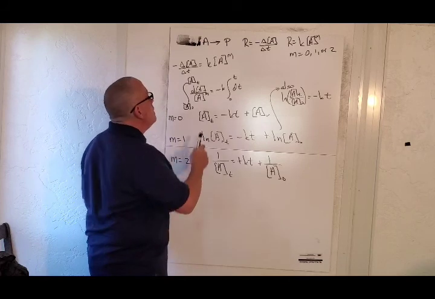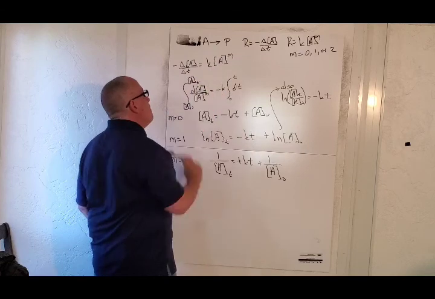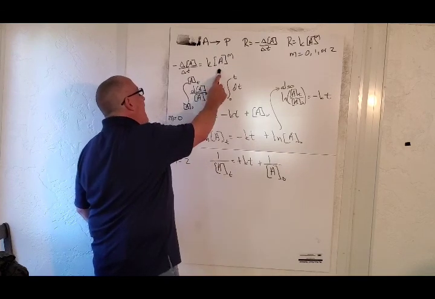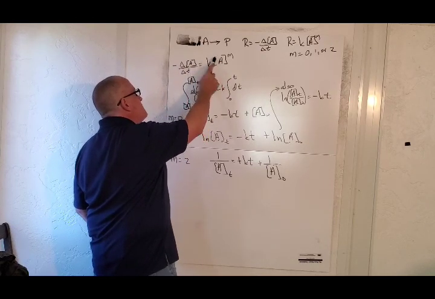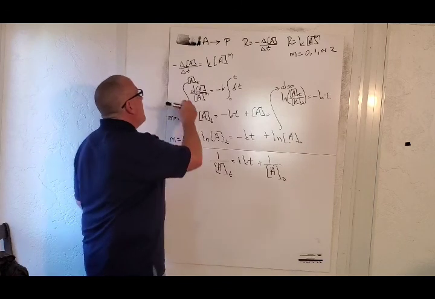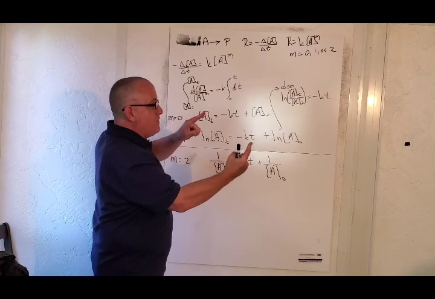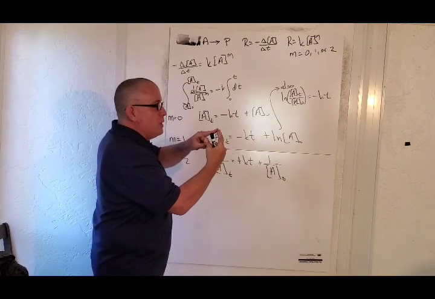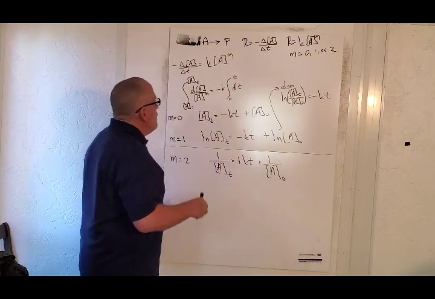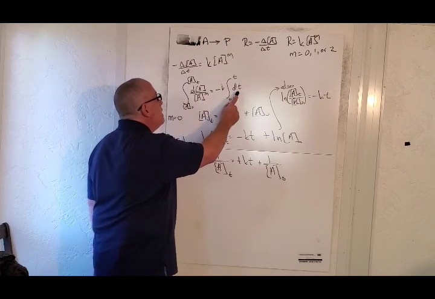So I could say minus delta A over delta T is equal to K A to the M. If I bring the A down underneath here and the delta T across and I move the minus sign across, and I let the delta, instead of a large time difference and large concentration difference, go to infinitesimally small, then I get dA over the concentration of A to the M is equal to minus K dt.